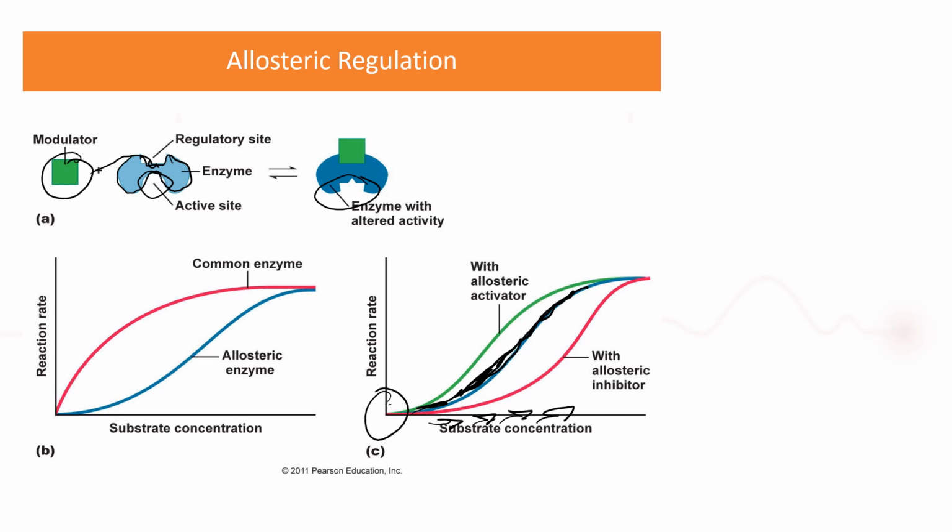Now, let's say that it's either allosterically activated or allosterically inhibited, and talk about what that means. With allosteric activation, what would have to happen is this molecule would come along, bind to its regulatory site, and result in the enzyme increasing its affinity for a particular reactant or substrate. It would change its active site so that it's more likely to bind a specific reactant or substrate. So if this enzyme is allosterically activated, let's look at a particular concentration of substrate, right here.